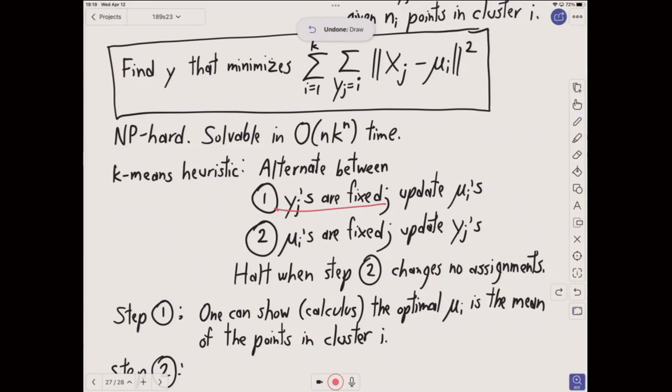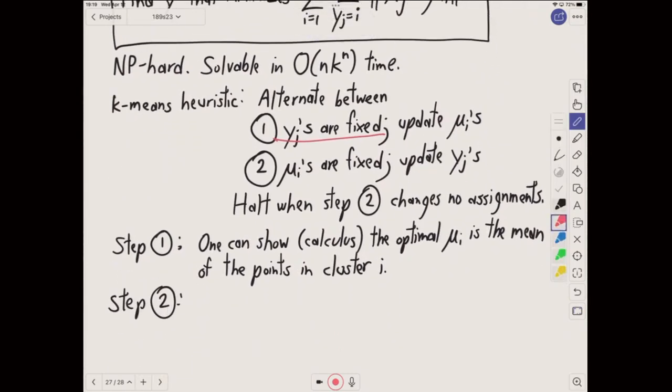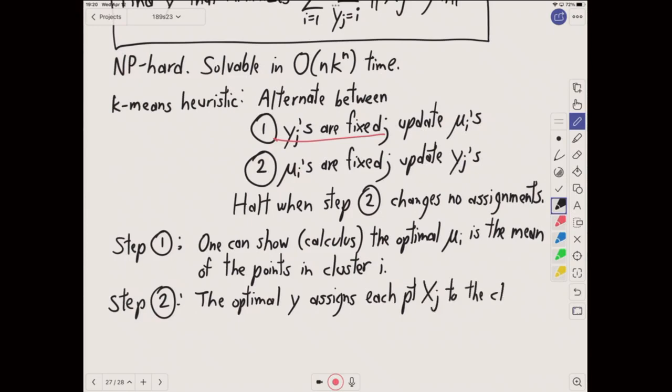And so step 2, the optimal vector y of assignments assigns each point x_j to the closest center mu_i.